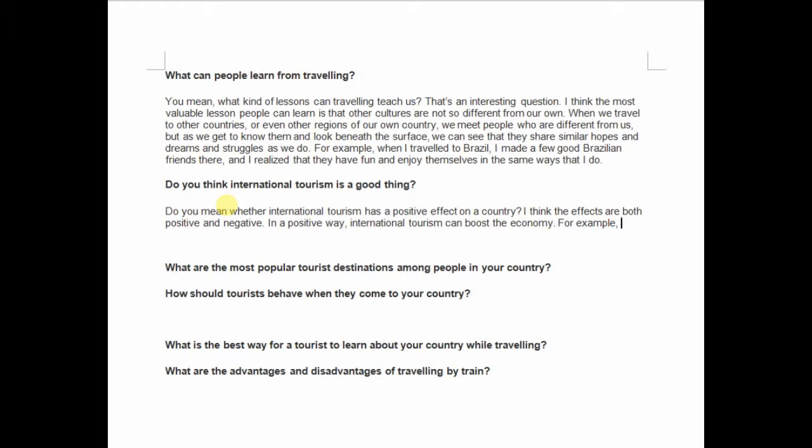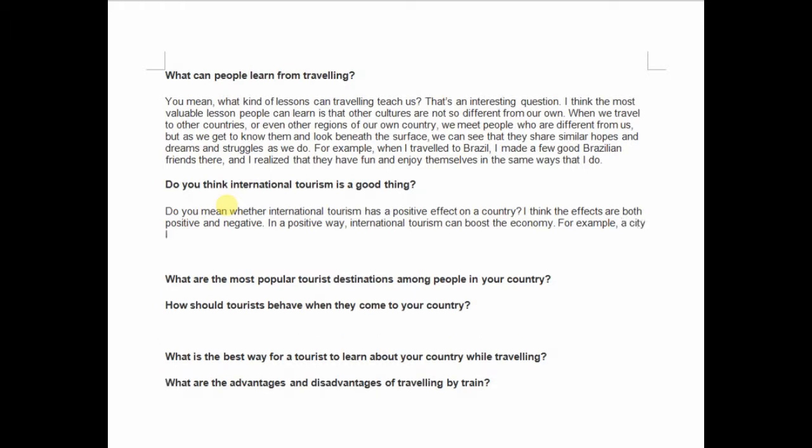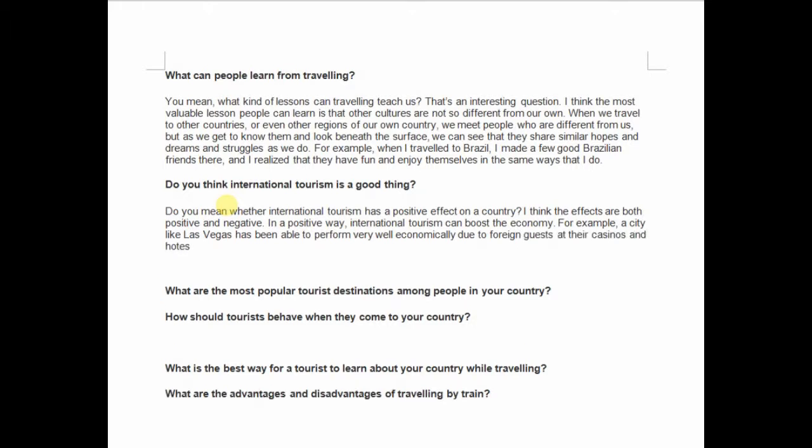For example, a city like Las Vegas has been able to perform very well economically due to foreign guests at their casinos and hotels.